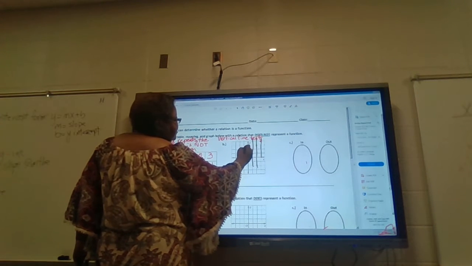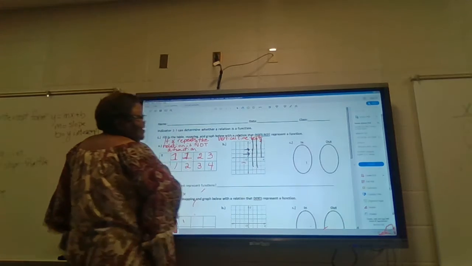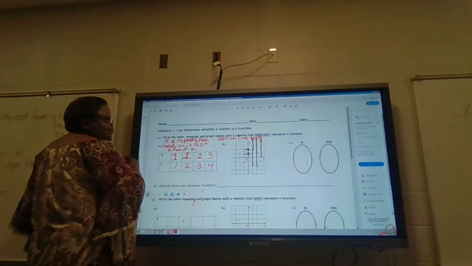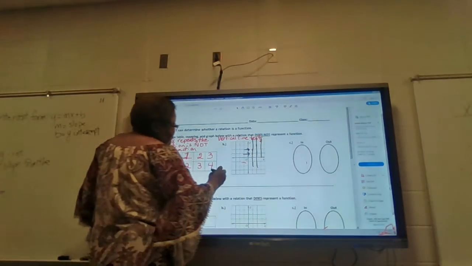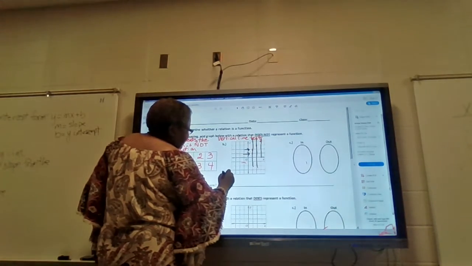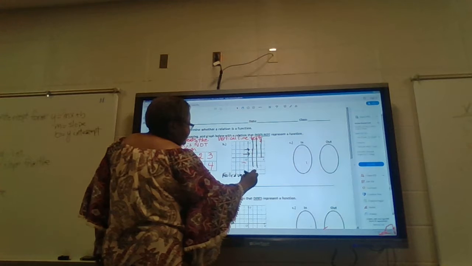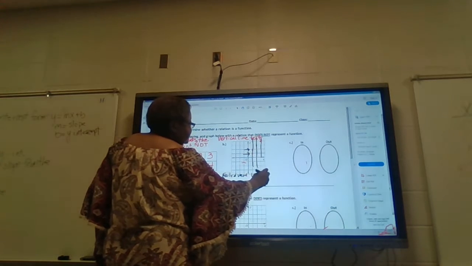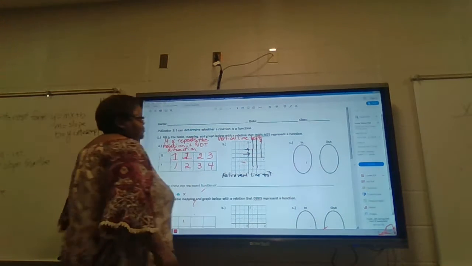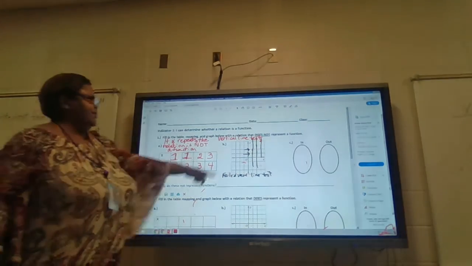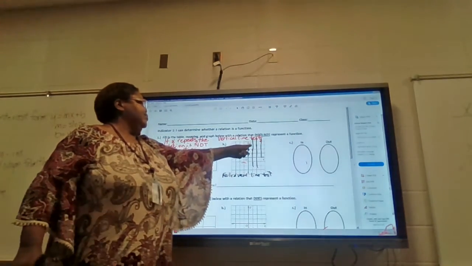On this one, this vertical line hits 2 points. So it's not a function. So it fails the vertical line test. It failed the vertical line test because that line went through 2 points.